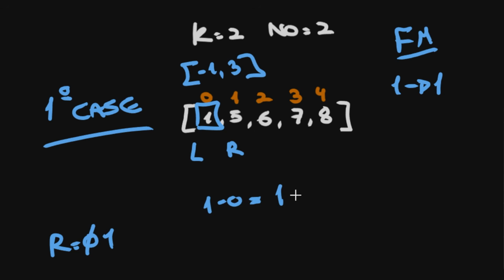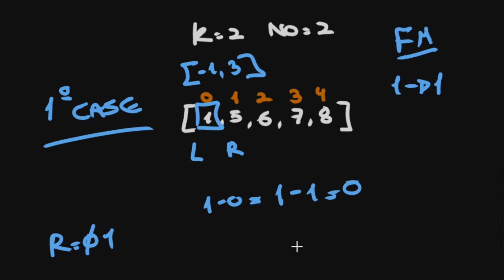And from here we subtract the frequency for the target, which is 1. And this is 0. So we need 0 operations as a maximum to make all elements equal in this range. And the minimum between 0 and the number of operations that we have available is 0.